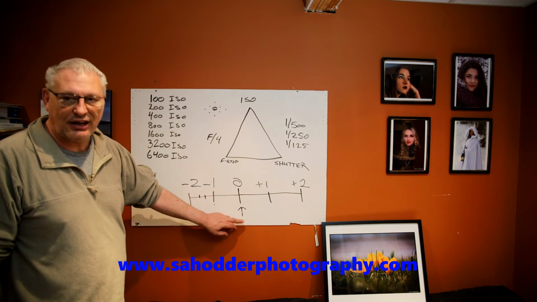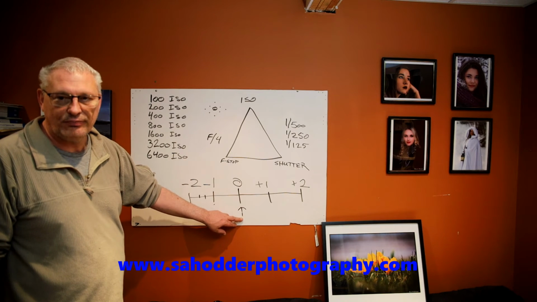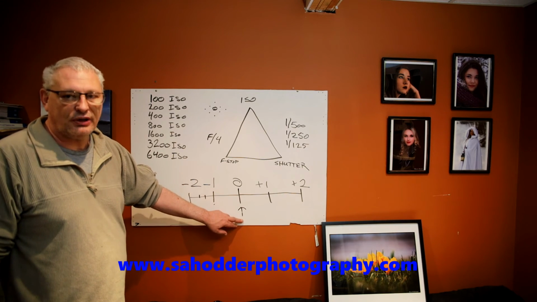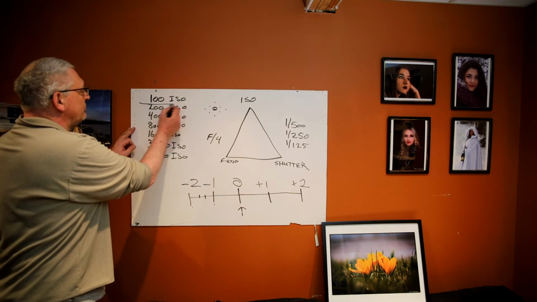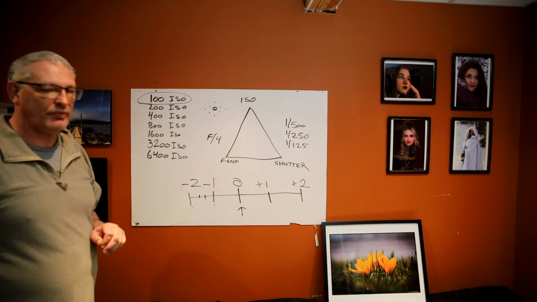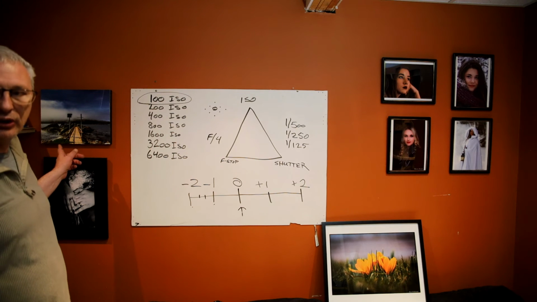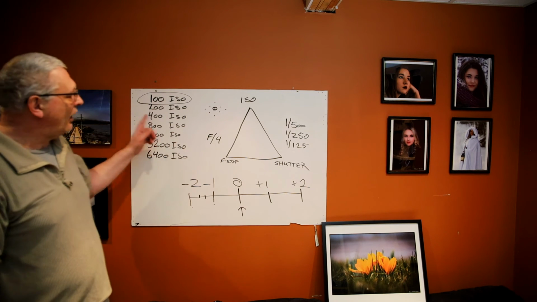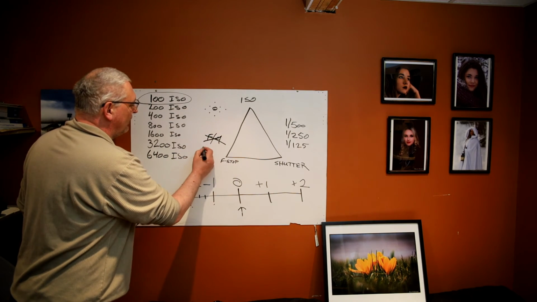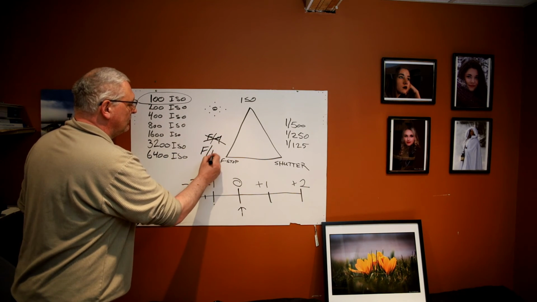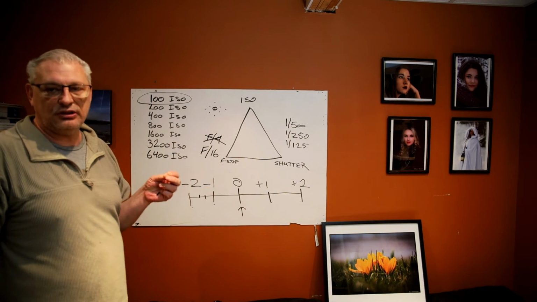Now, you don't always have to go with exactly a 0, because when I do landscapes, for instance, I want my ISO to be at 100, because again, I want to be able to blow it up. I want a large depth of field, so instead of having an f4, I will have an f16.